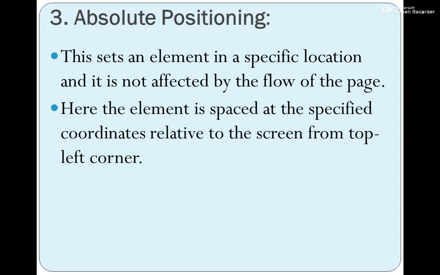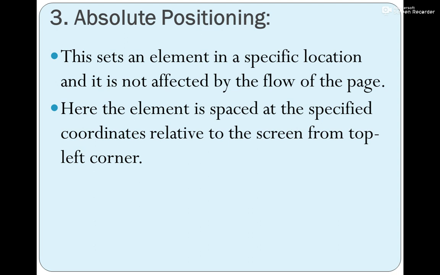In this absolute, the flow of the page does not affect the position of an element. This you will understand clearly in the example. Static was using the flow of the elements, meaning the elements were printed in the output sequentially. But for absolute, the flow of the program does not matter. This sentence is very important.